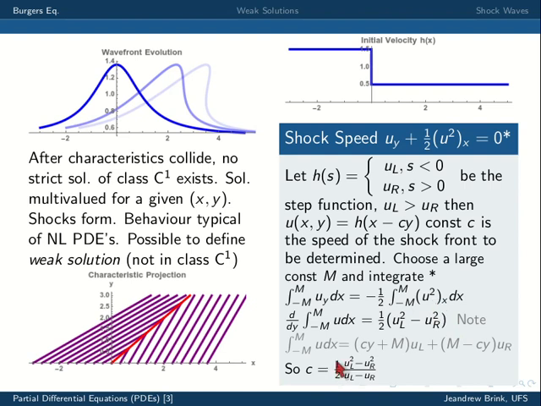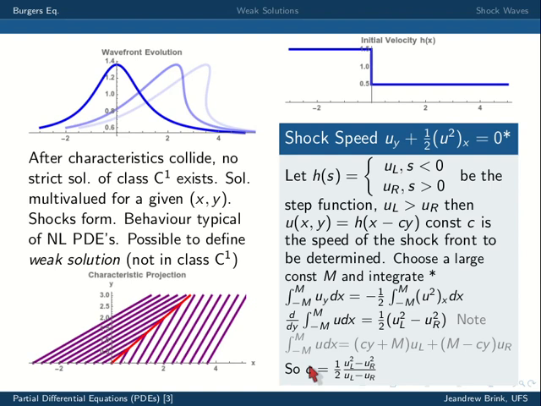Then you can simply divide by UL minus UR. I take the derivative with respect to y of this thing, and I know that it's equal to that, and then I get what my c is.